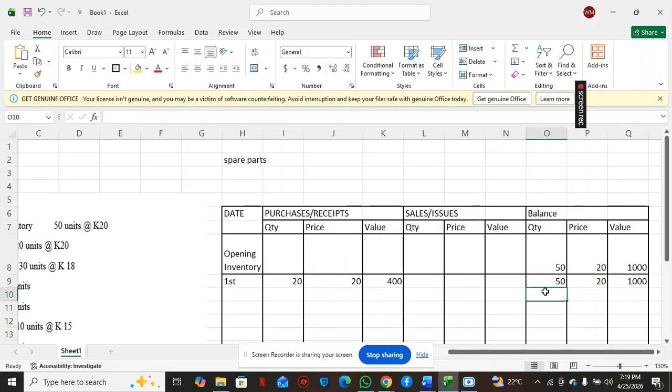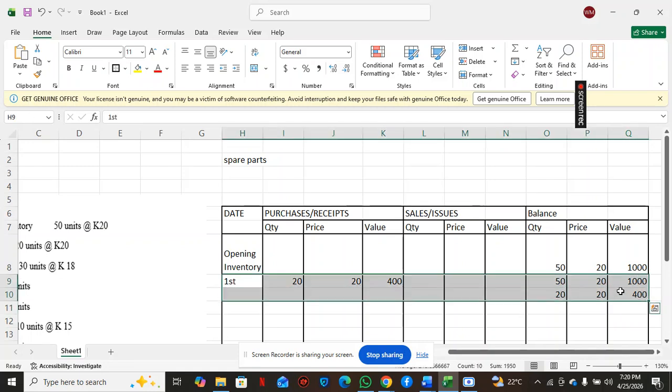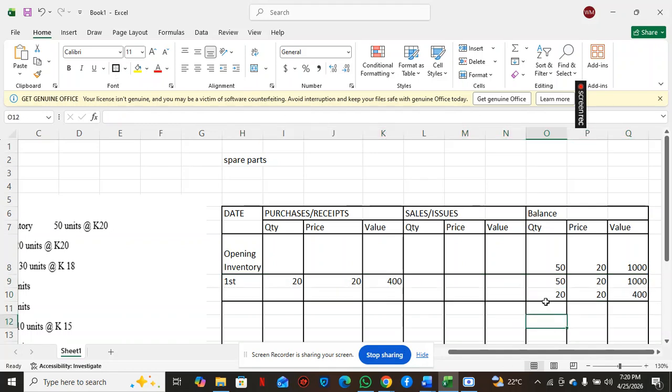Then they brought in another 20 spare parts, valued at 400 kwacha. As I said, every time there is a purchase, you separate the inventory, the way I have done here.